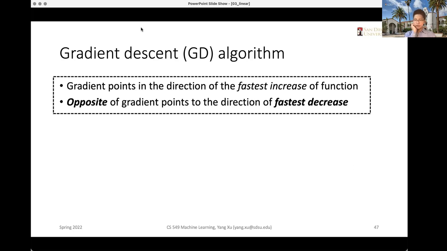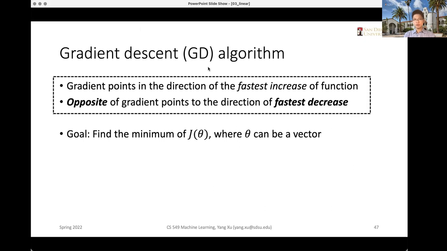It's like walking on a hill, or hiking to climb up a mountain. You should always choose the path that points to the fastest increase of your height, right? Of course, we ignore all the practical issues in the hiking example, but in the abstract function example, it totally makes sense, right?